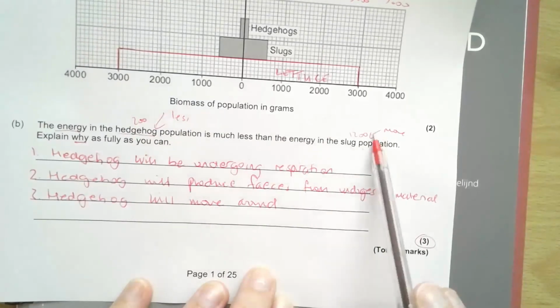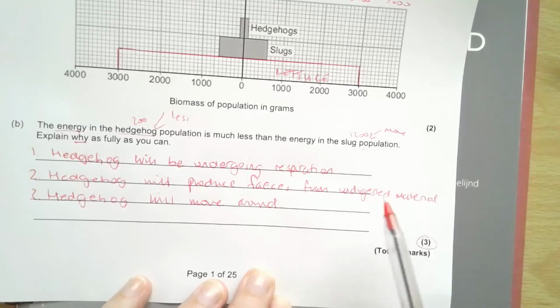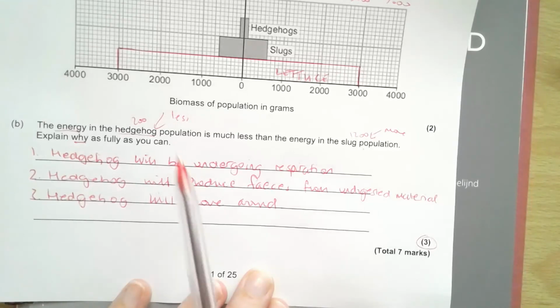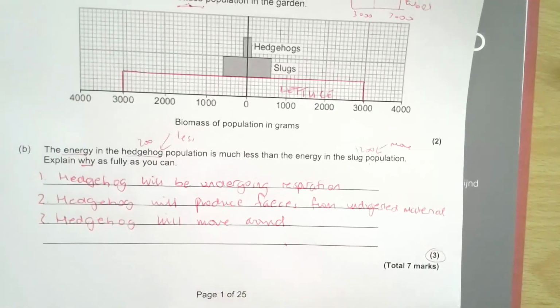In hunting for the slugs, the hedgehog is doing the moving, so it's getting less energy. Okay, so you have to be careful, pay attention to what the question's asking. The reason the hedgehog has less is because the hedgehog's moving around, not because the slug is moving around. That wouldn't mean that the hedgehog gets less. So be careful how you're answering these kinds of questions.